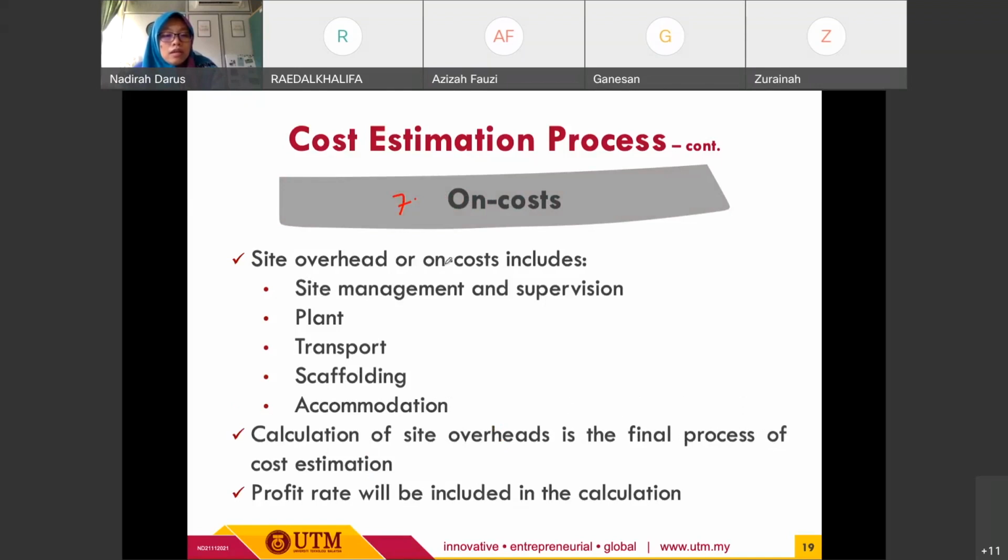And then plant transportation cost, scaffolding for temporary works, and any other required facilities or accommodation will be included in this overhead cost. At this process, usually the profit rate also will be included in the calculation.